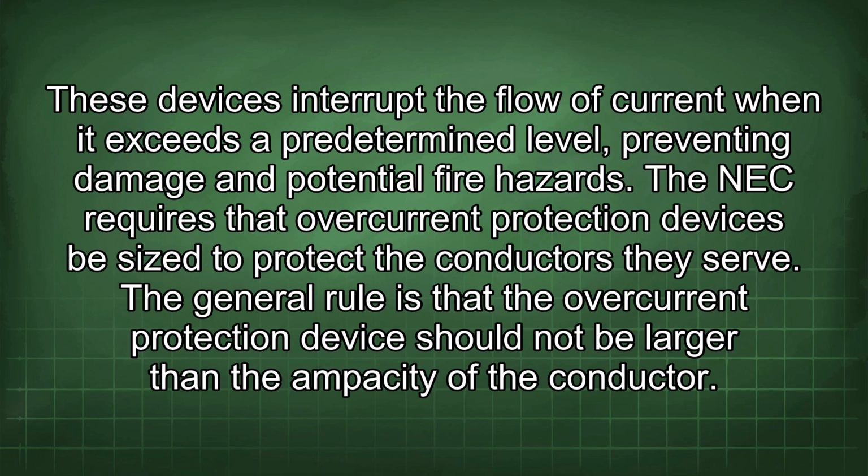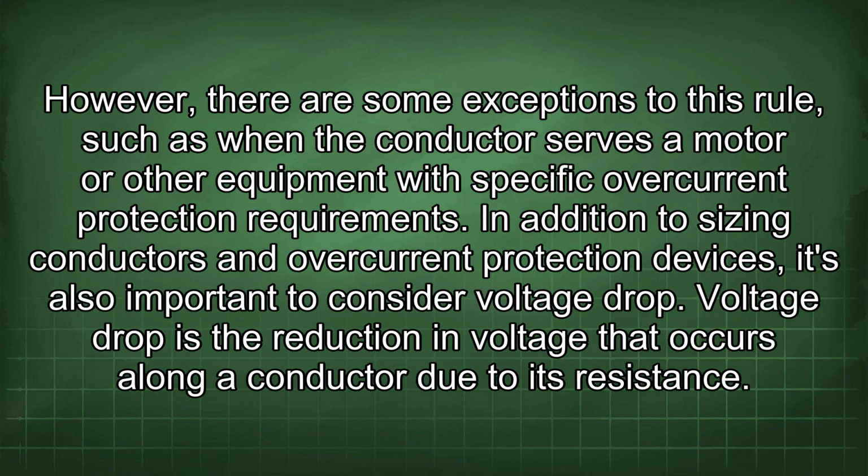The general rule is that the overcurrent protection device should not be larger than the ampacity of the conductor. However, there are some exceptions to this rule, such as when the conductor serves a motor or other equipment with specific overcurrent protection requirements.